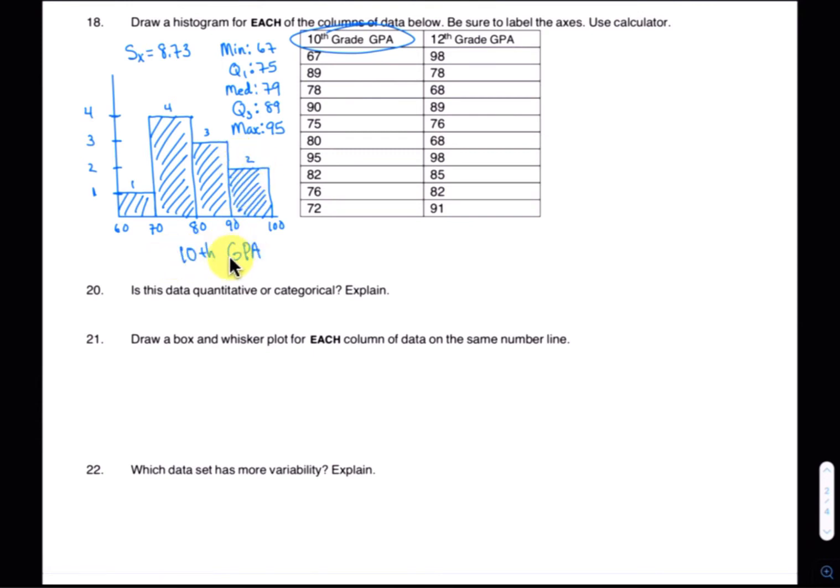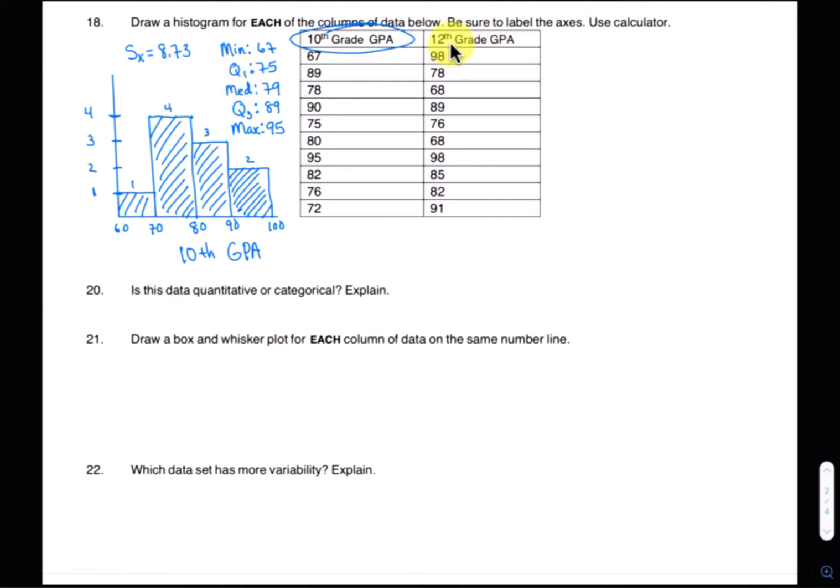Notice that we labeled the x-axis as 10th grade GPA, and on the y-axis is 1 to 4. So there's your histogram. The numbers you see here are Sx, which is the standard deviation, and this is your 5-number summary. All of this was done on the calculator, and you should remember how to do that, and if you don't, let us know and we'll be able to help you with that.